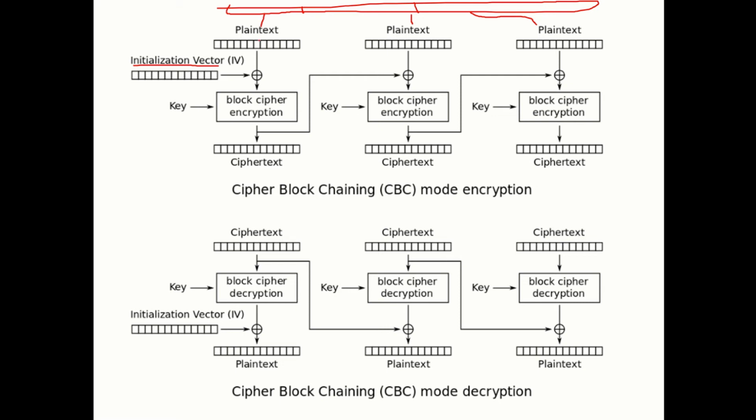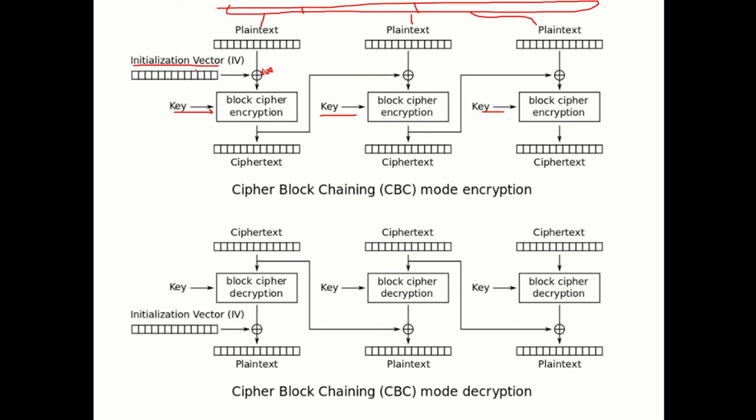Now, before we go to the encryption, the first block will be XORed with the initialization vector. Then this goes to the encryption algorithm with the same key, so the same key everywhere. The difference now is the XOR with the initialization vector for the first one.